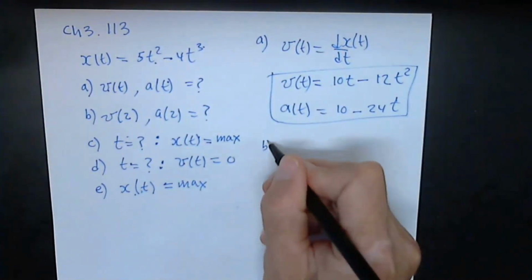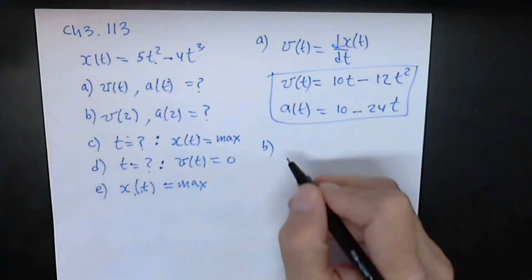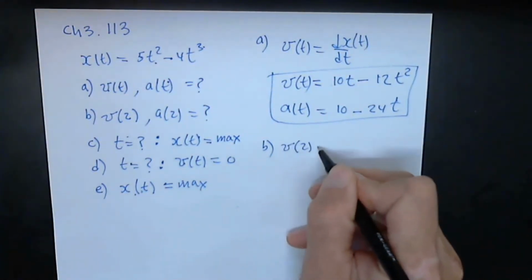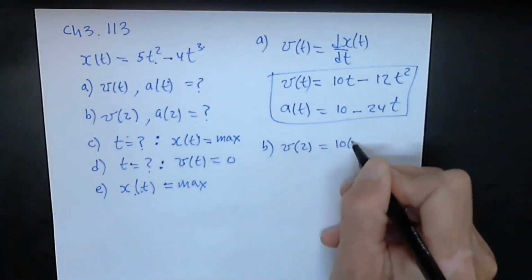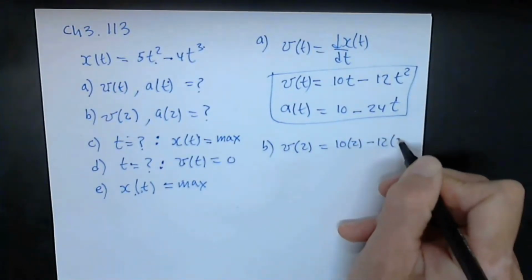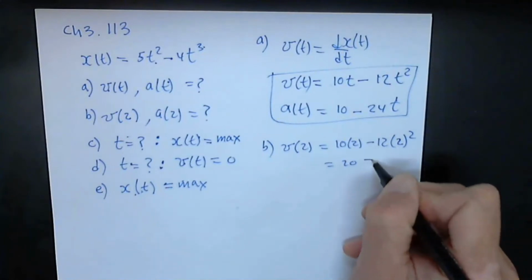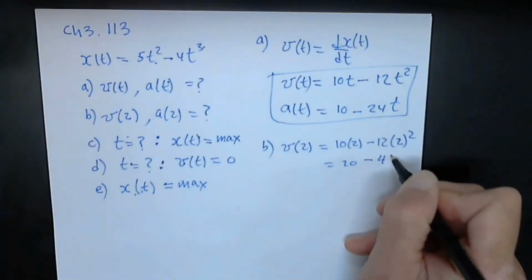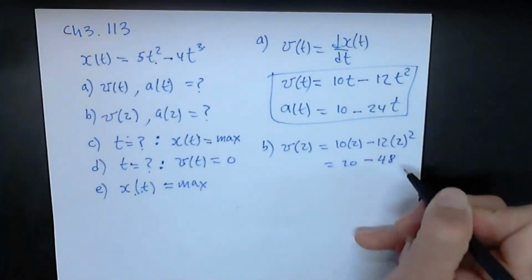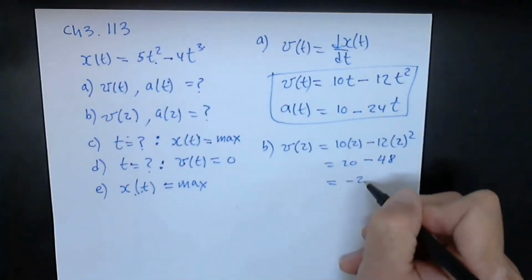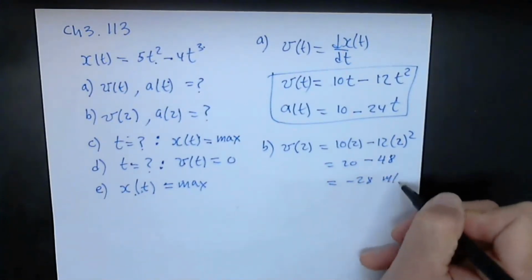Part B is just find the numerical value. What is the velocity 2 seconds later? So you just need to do 10 times 2 minus 12 times 2 squared. So it's 20 minus 48, which is negative 28 meters per second.